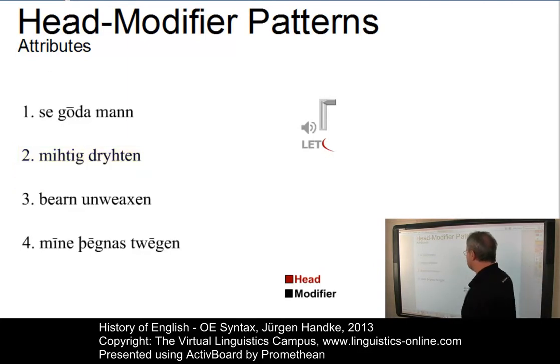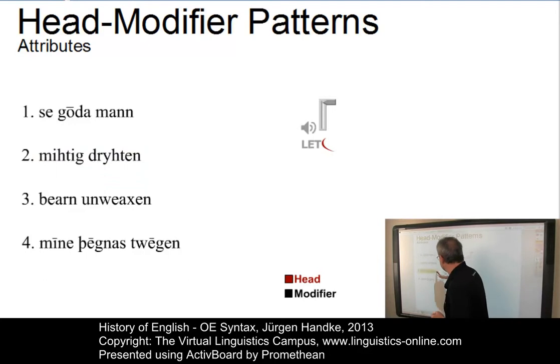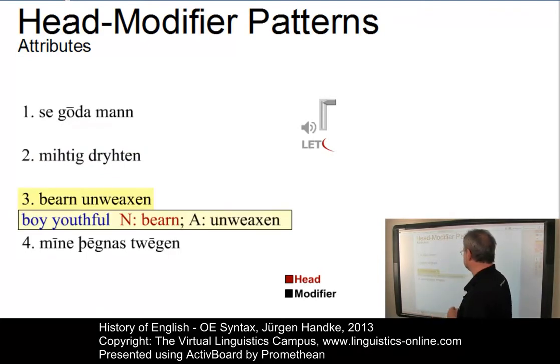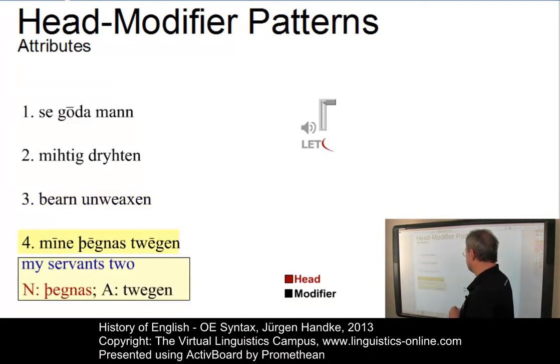In the remaining two examples we have the noun in the first position: beorn an wecgen, the youthful boy, and mine feinas twegen, my two servants. Totally impossible in present day English to say my servants two.